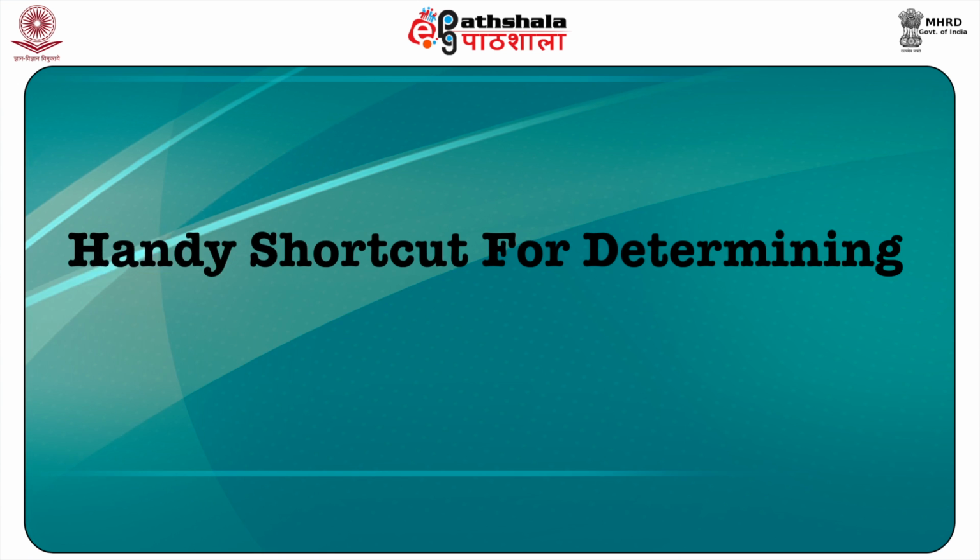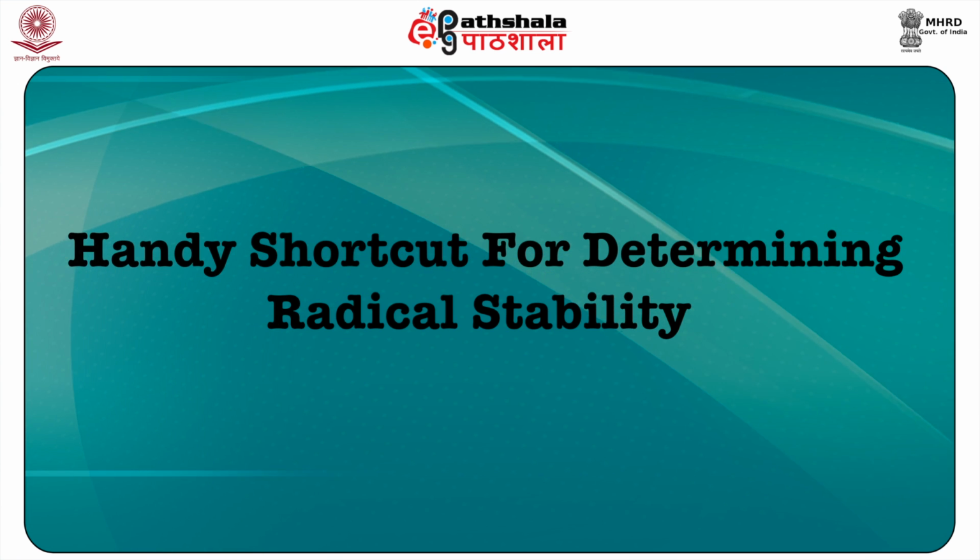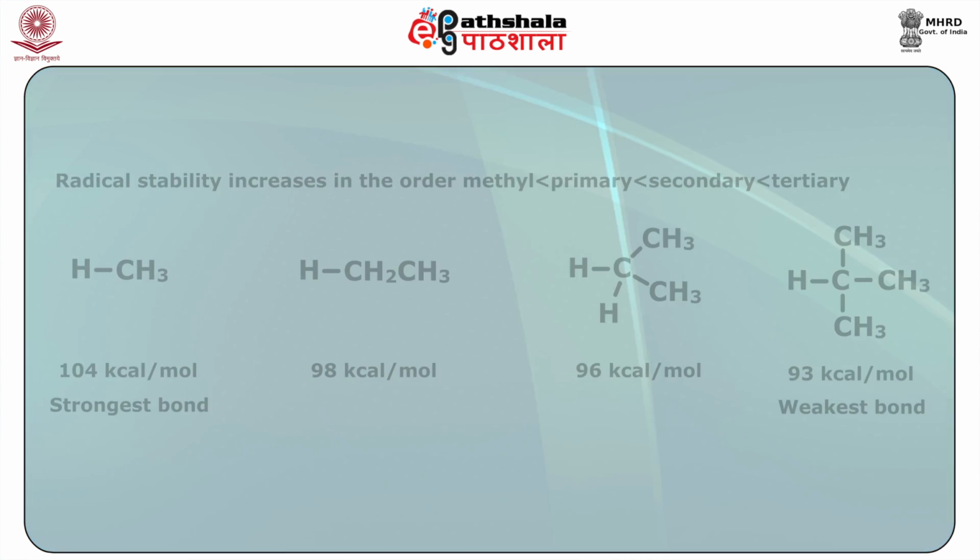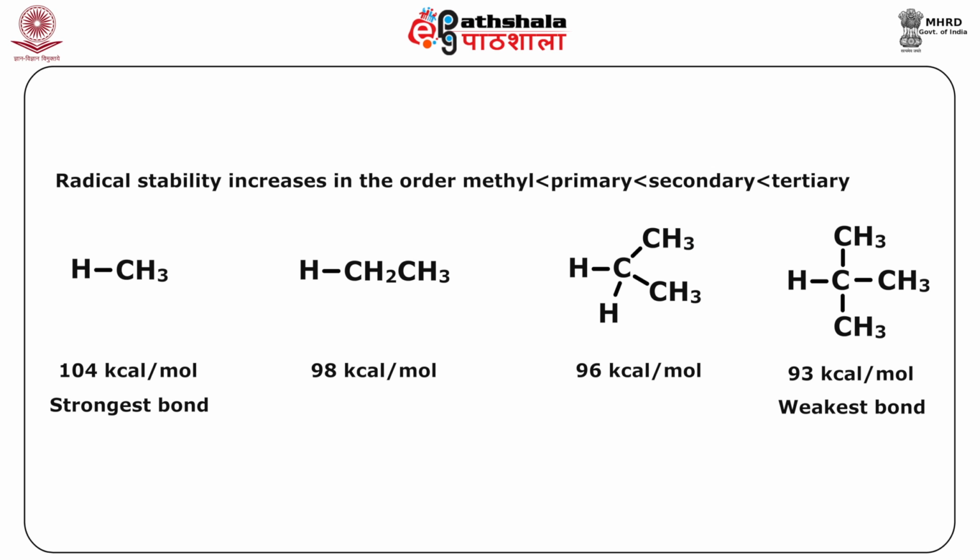We can have a handy shortcut for determining the radical stability. As you can see in this visual, the radical stability increases in the order of methyl being least stable, then primary, then secondary, then tertiary, and this can be attributed to the energy required for homolytic bond cleavage of the corresponding parent alkanes.